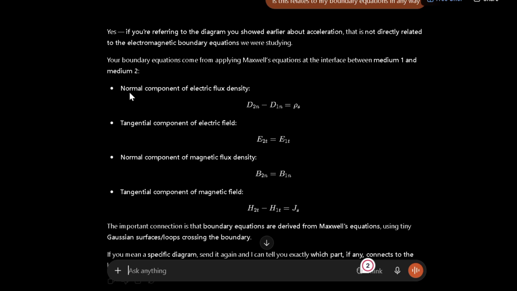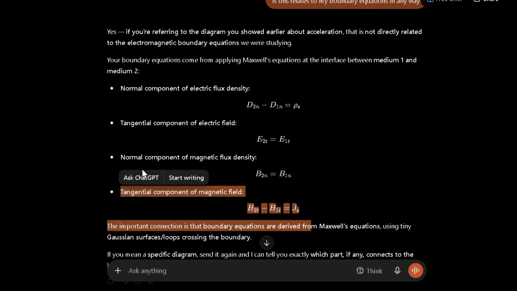Normal component of electric flux density, tangential component of electric field, normal component of magnetic flux density, tangential component of the magnetic field.